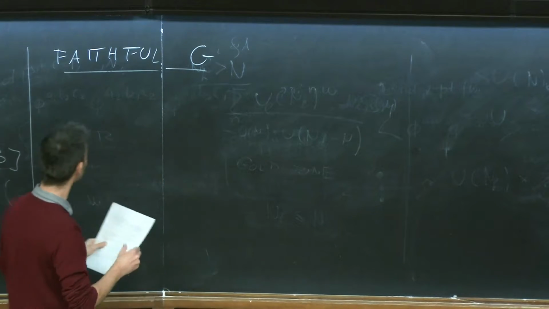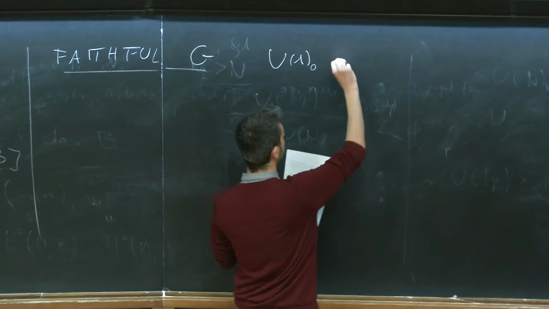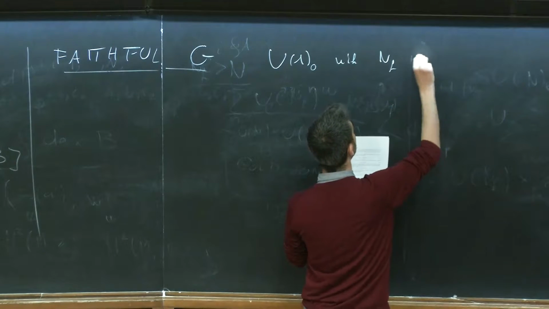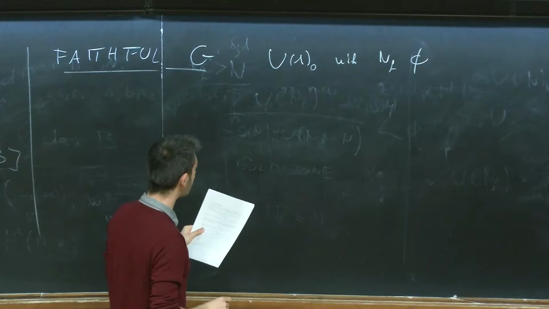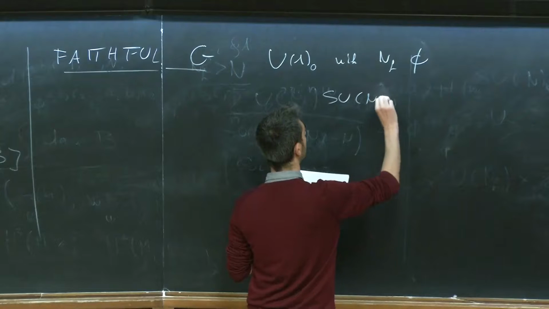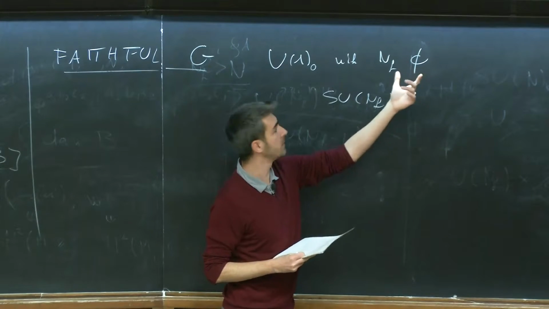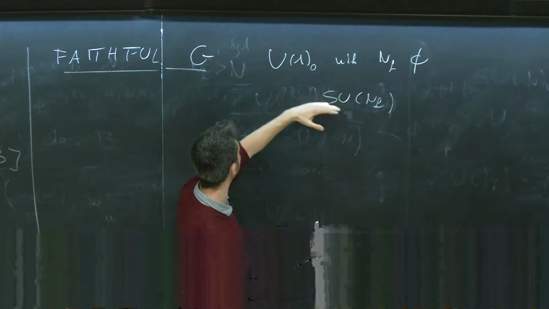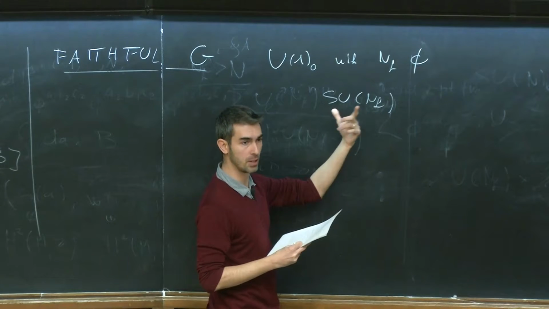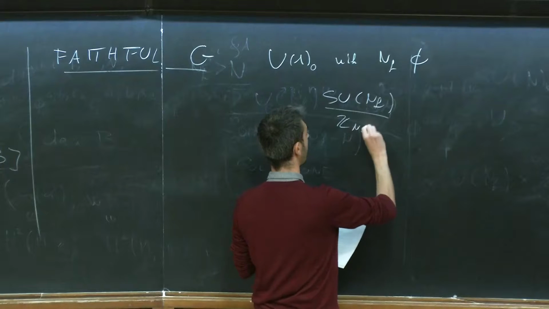And just to give you a concrete example, suppose that we are studying U(1) level 0, so just abelian Yang-Mills, with N_F scalars. As we said before, here there is a global symmetry, which is SU(N_F). This just acts on these complex fields, rotating them in the standard way, and it is SU because the U(1) is gauged. But in fact, this doesn't act faithfully. The truly faithfully acting group is SU(N_F) mod Z_{N_F}.